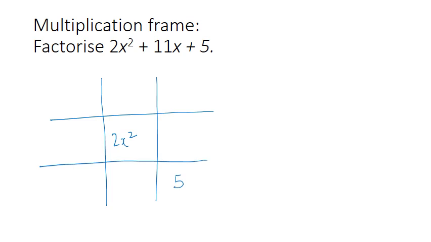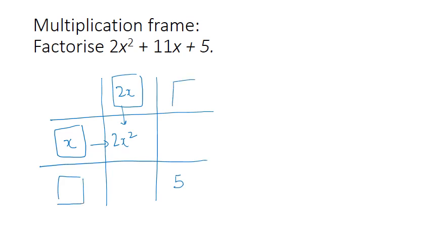And let's see what are the two factors that we can put in here that will multiply to give us 2x squared. It has to be 2x and x. Let's take a look at this box and this other box to see what factors we can multiply to give us 5.